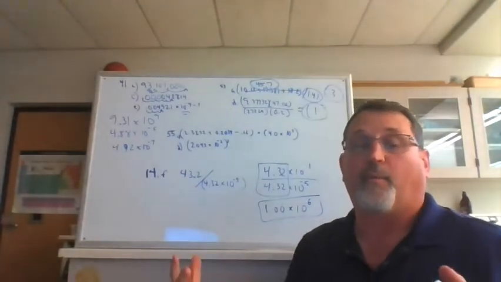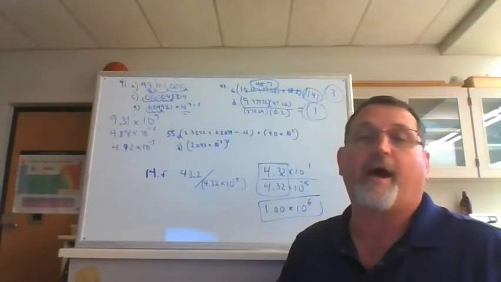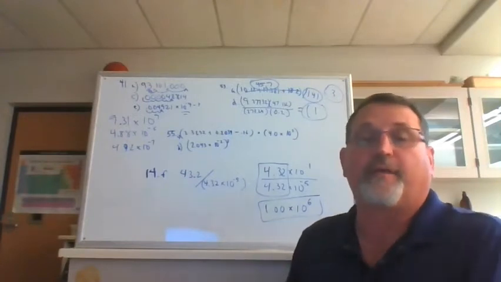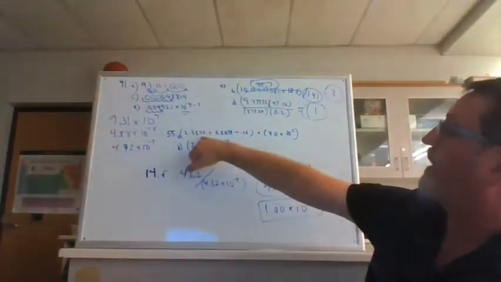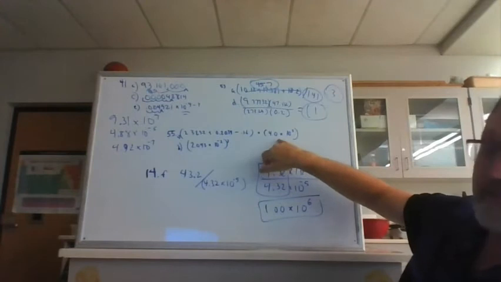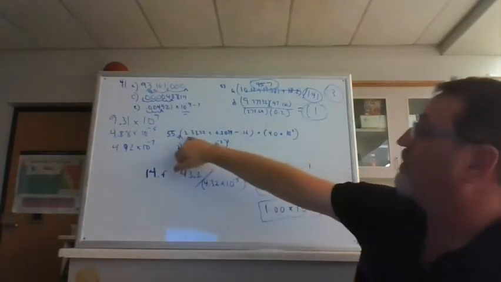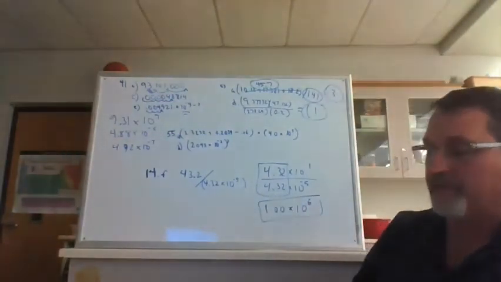55 means that it wants you to actually do the whole thing, do all the math, and give the correct answer in significant figures. So again, I have addition and subtraction and multiplication in there. Do all this in your calculator.